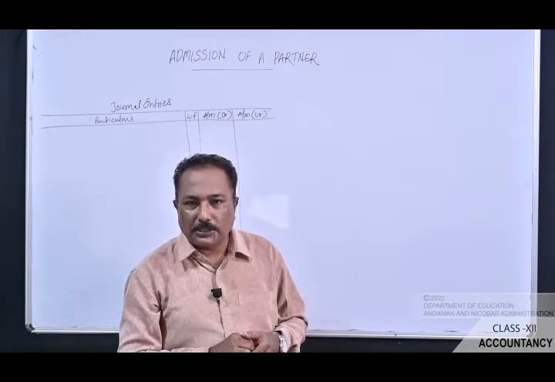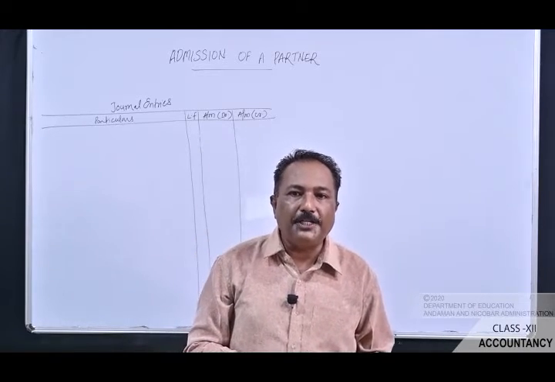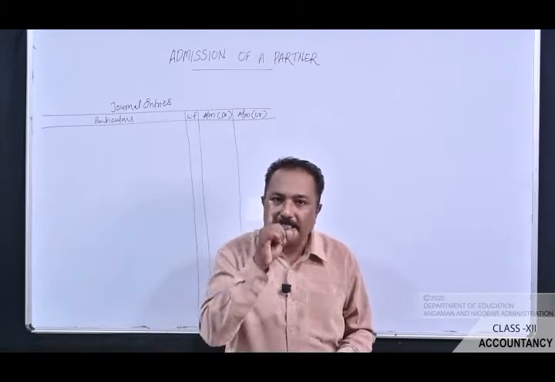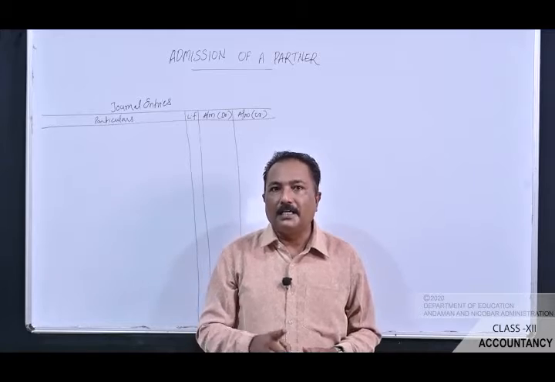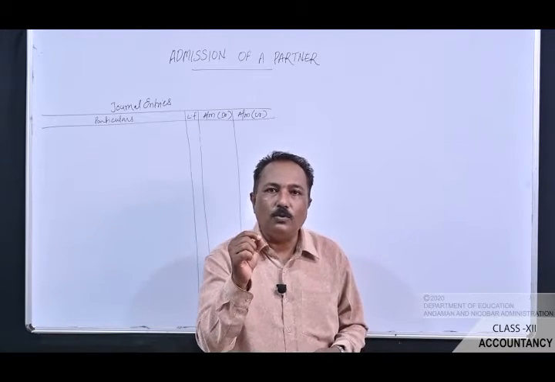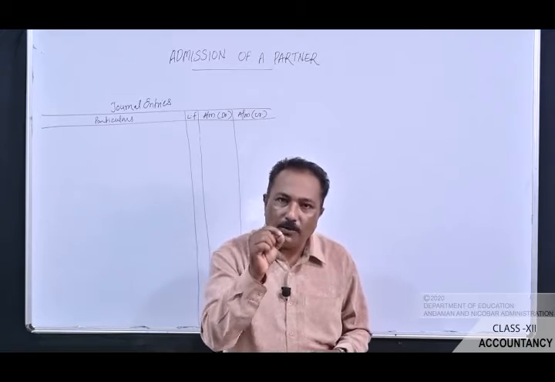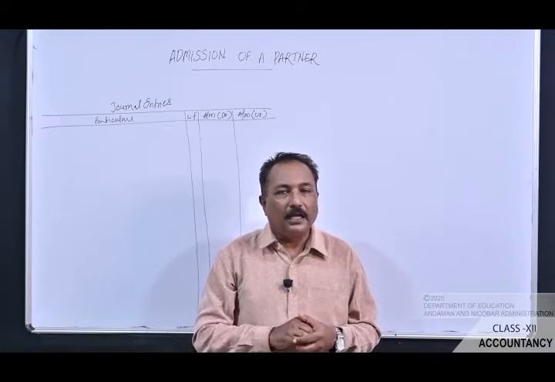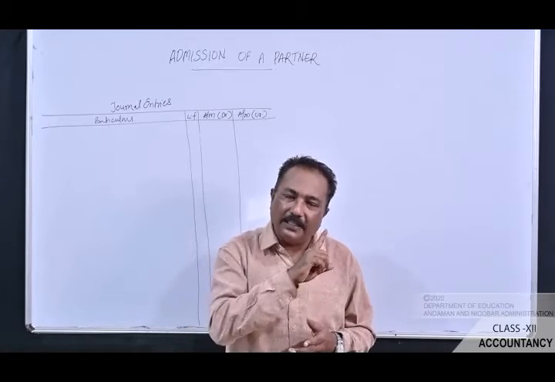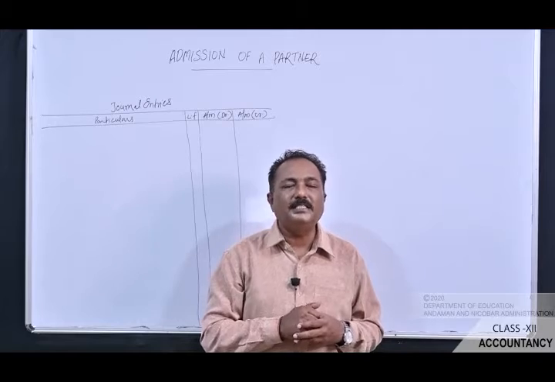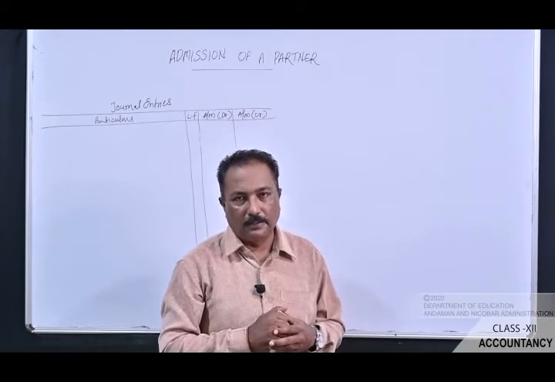Point number 2 is plant is to be appreciated to rupees 1,20,000. Now see students, this is the new value of the plant given to you. Now let's see what is the old value given to you. Old value is given in the old balance sheet of A and B. The value of the plant given in the old balance sheet is rupees 1 lakh and the new value given here is rupees 1,20,000.